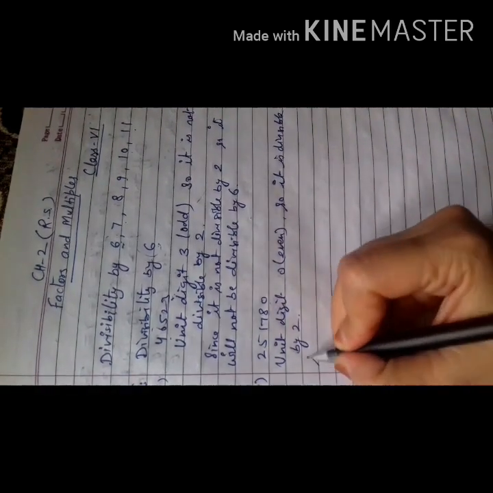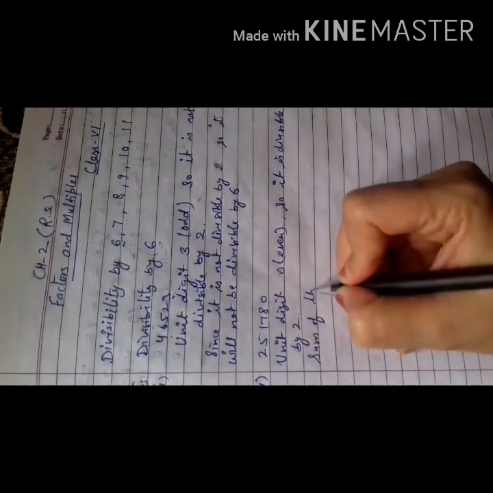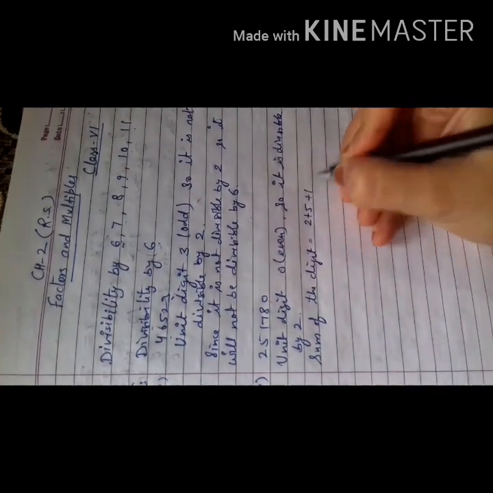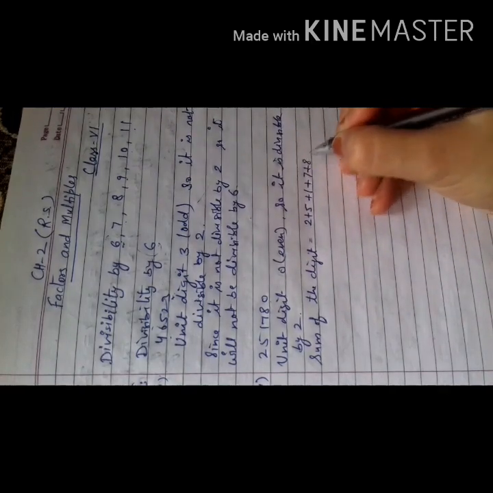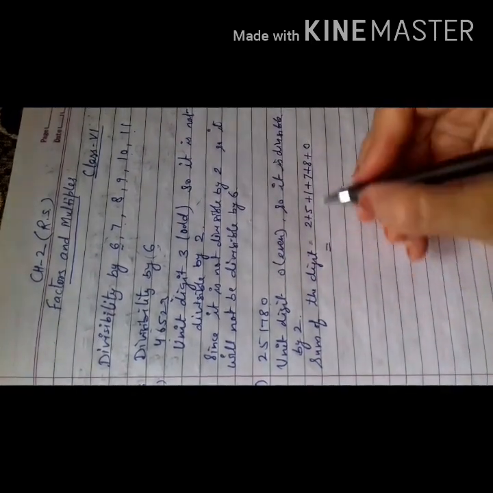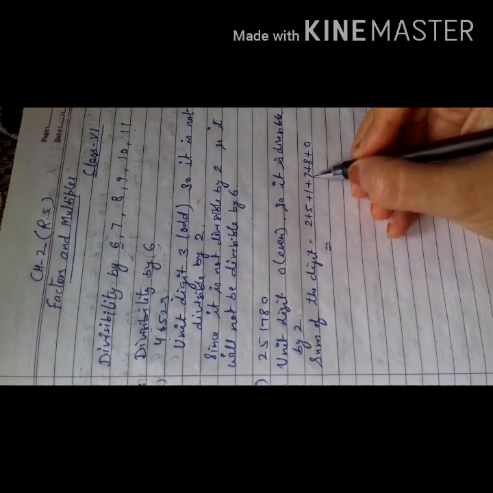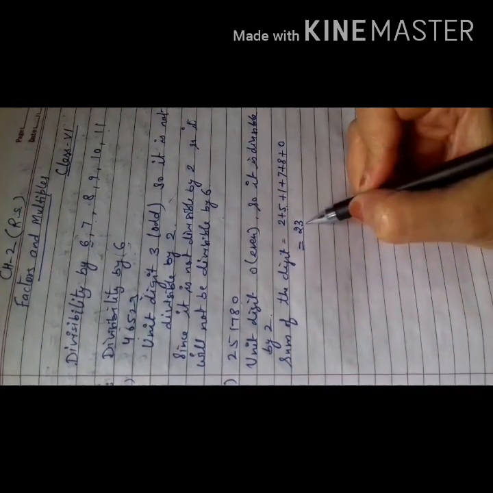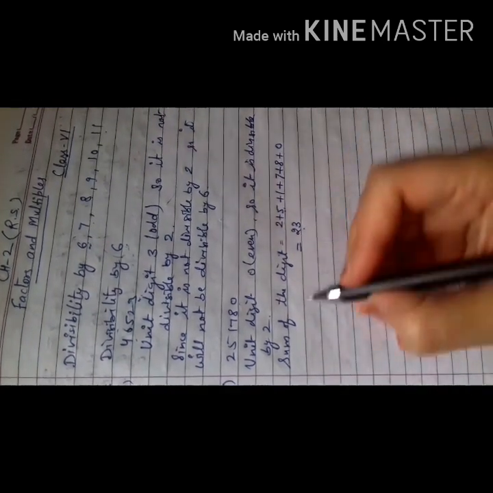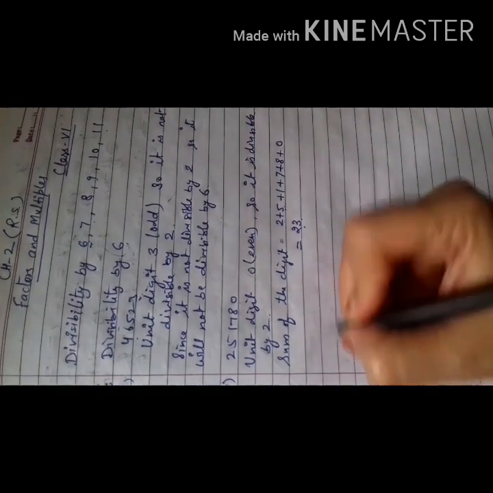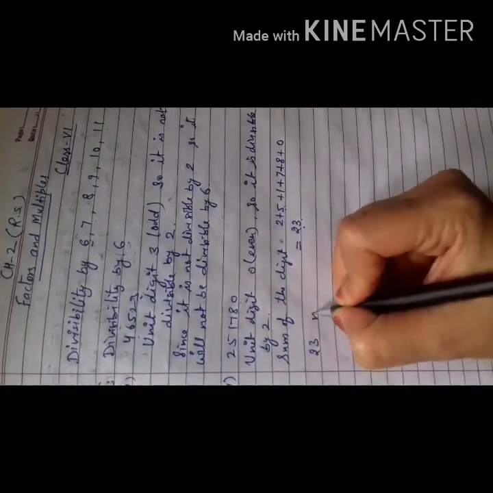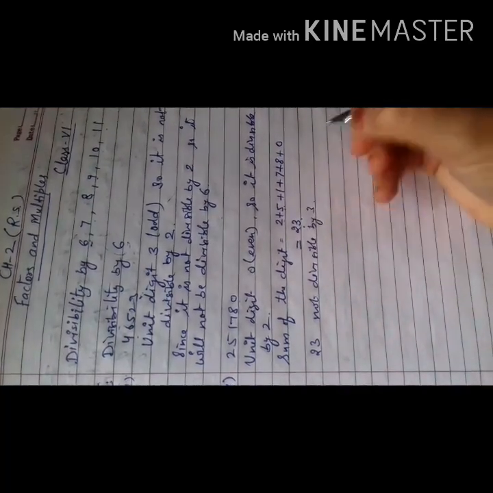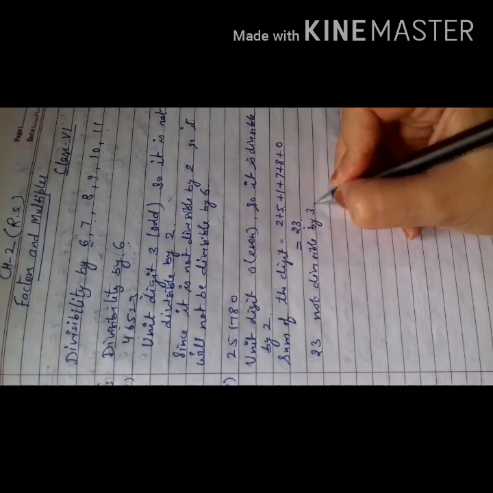For divisibility by 3, you have to check whether the sum of the digits is divisible by 3 or not. The sum of the digits is 23, which is not divisible by 3. So it is not divisible by 3.